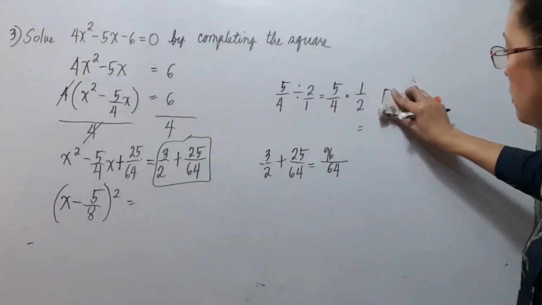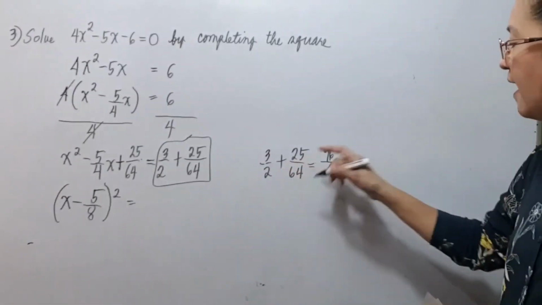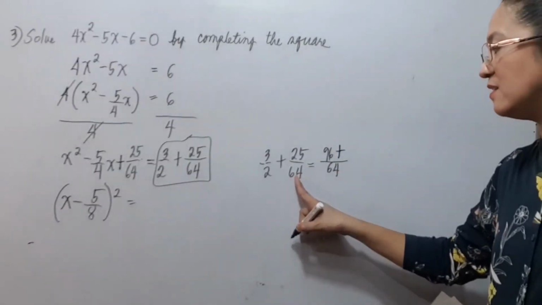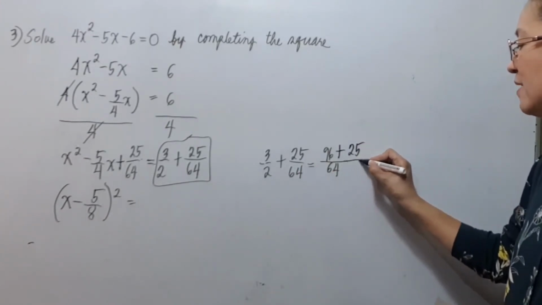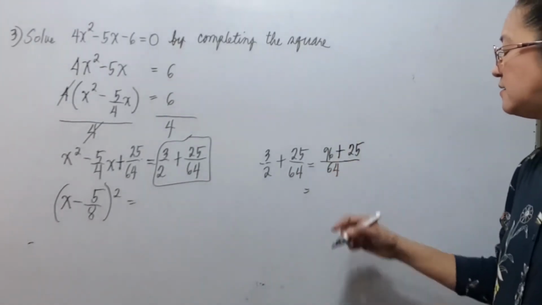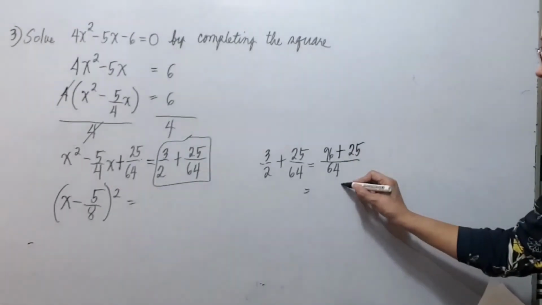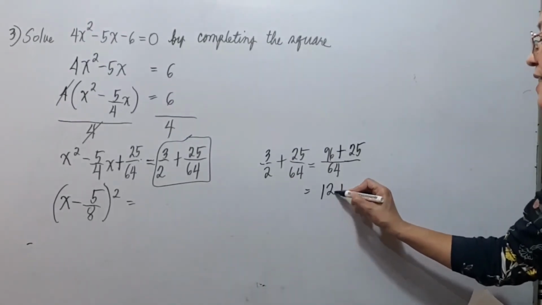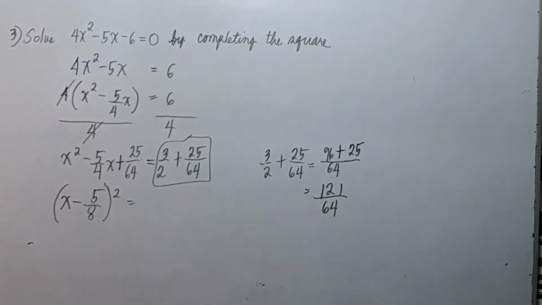Burahin ko at baka malito dito. Okay? Then, plus 64 divided by 64 is 1 times 25 is 25. So, 96 plus 25. Ano ba yan? 121. Alright. Over 64. Ayun, tama.